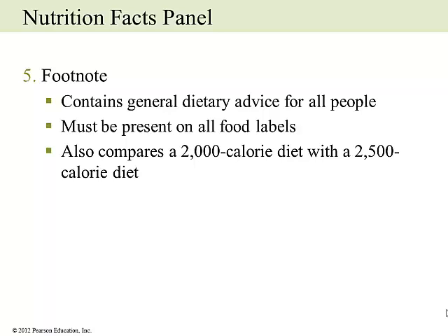And then footnotes on the panel usually contain general dietary advice for people. Certain, like the American Diabetes Association, has said that this food is helpful in lowering blood glucose levels. So there might be some little blurb on how wonderful this food is.